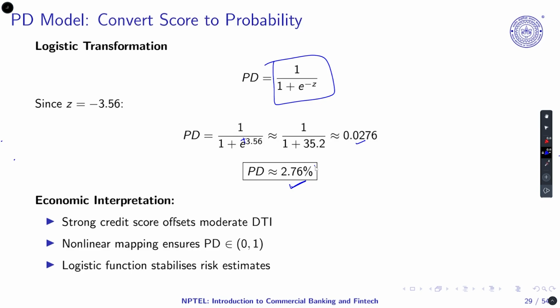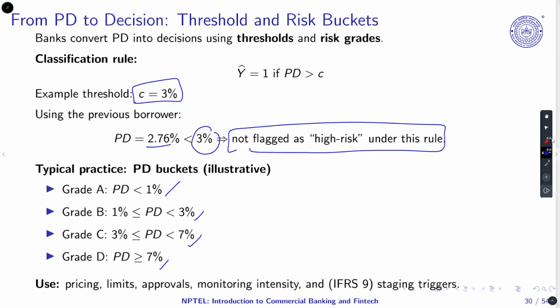What is the meaning of 2.76? Banks have certain thresholds for categorizing the customer. If the bank has a threshold of 5%, then 2.76 is more than fine. If the bank has a threshold lower than that, then it will have trouble, and the bank will put the customer into a category.